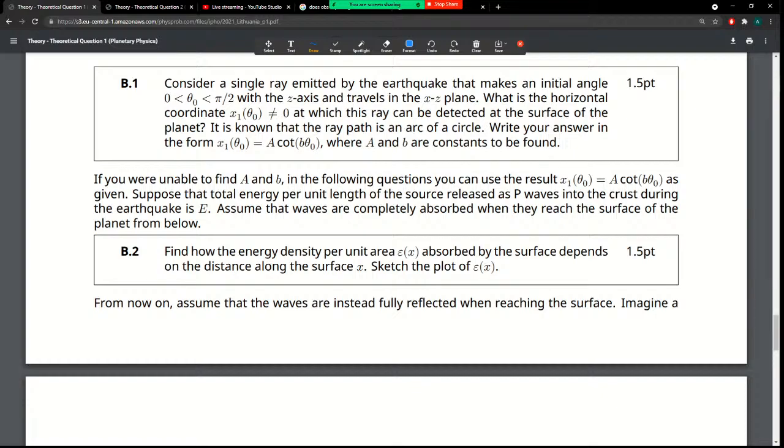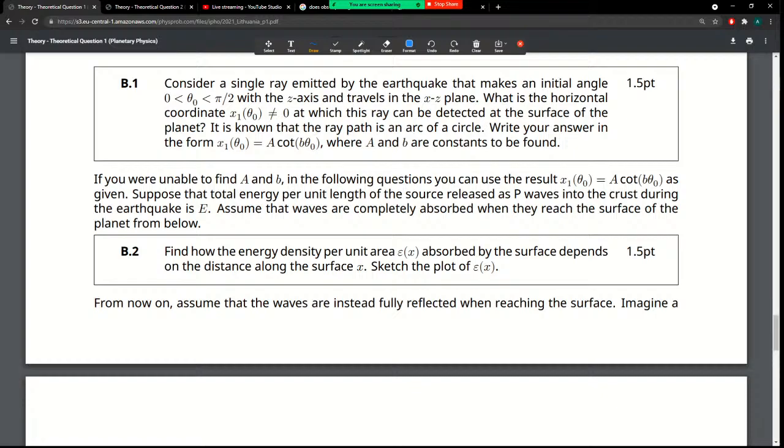Find how much energy per unit area, epsilon of x, absorbed by the surface depends on the distance along the surface x. Sketch the plot of epsilon of x.